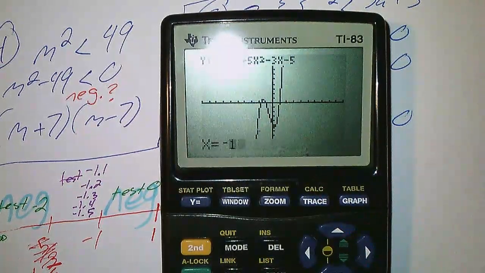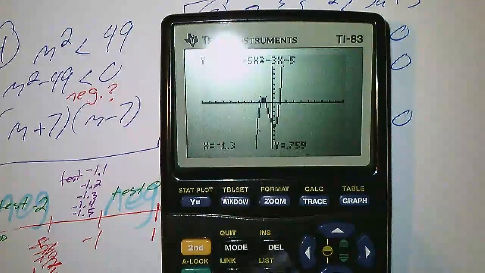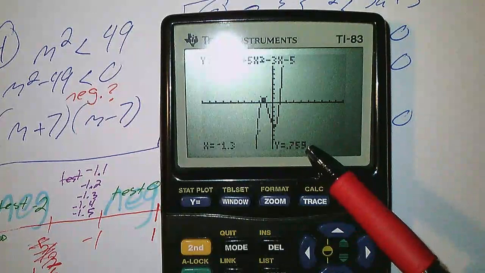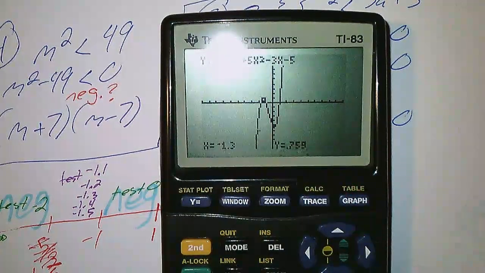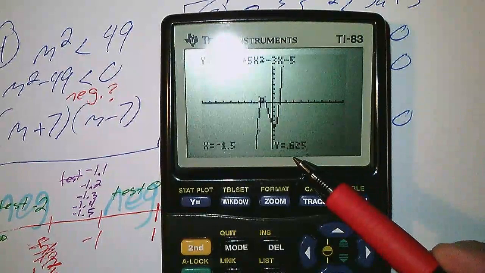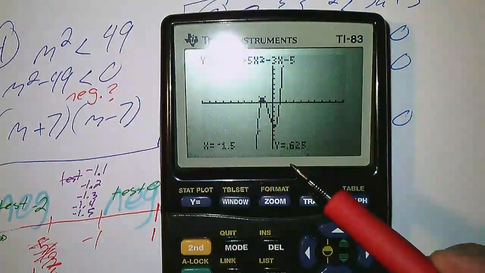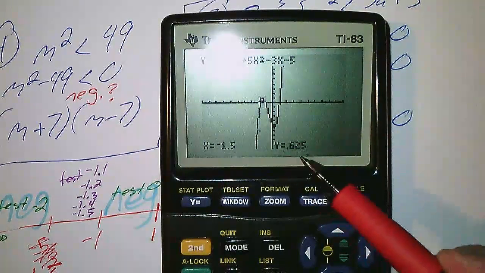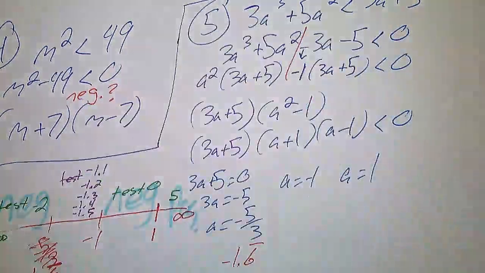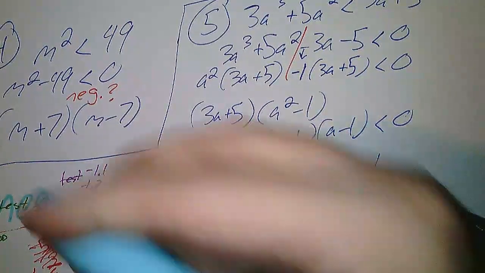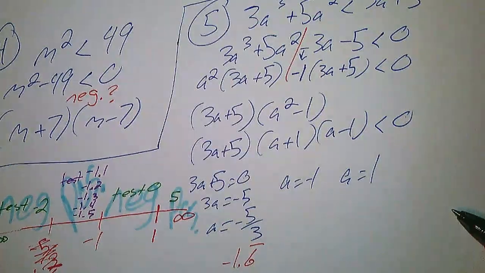I can type -1.3. Once I'm in trace, I don't need to hit trace every time. At -1.3, it's a very small number, but it's positive. And it will be the same at -1.4 and -1.5. It would be kind of cumbersome to plug in a value like -1.2, so I like to just use the trace feature. So we are positive in that region.